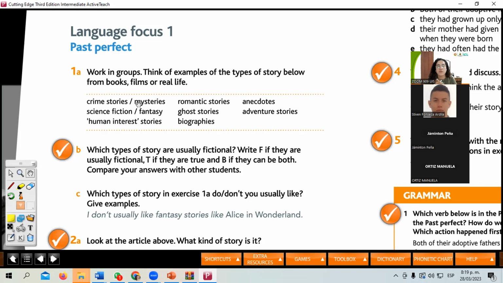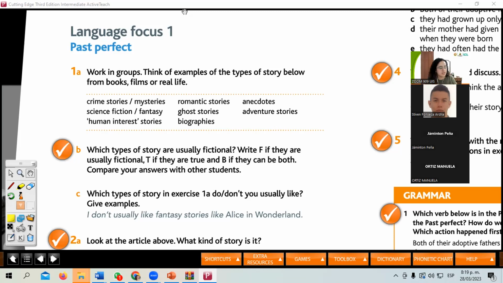For example, for romantic stories, I can say maybe Pride and Prejudice. Have you heard about this book and about this movie? Orgullo y Prejuicio. Have you heard about it? I have heard of it, but I don't know about it. Yes, it's a book that was turned into a movie. So I want you to think about different examples for each type of story. Crime, science fiction, human interest, romantic, ghost, biographies, anecdotes, adventure stories.